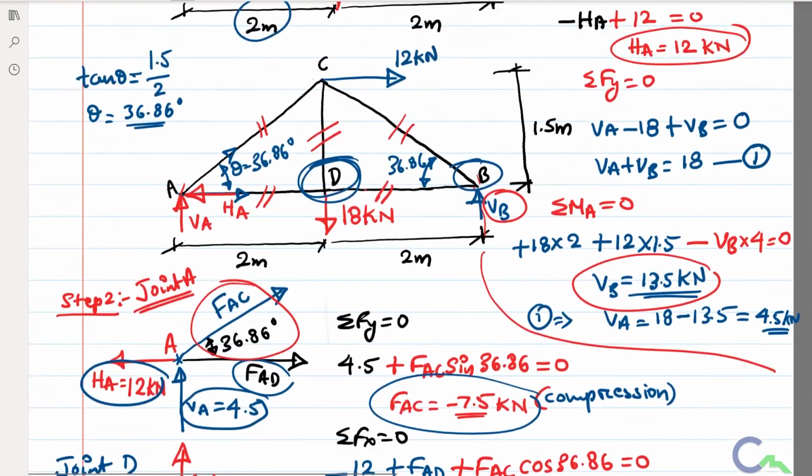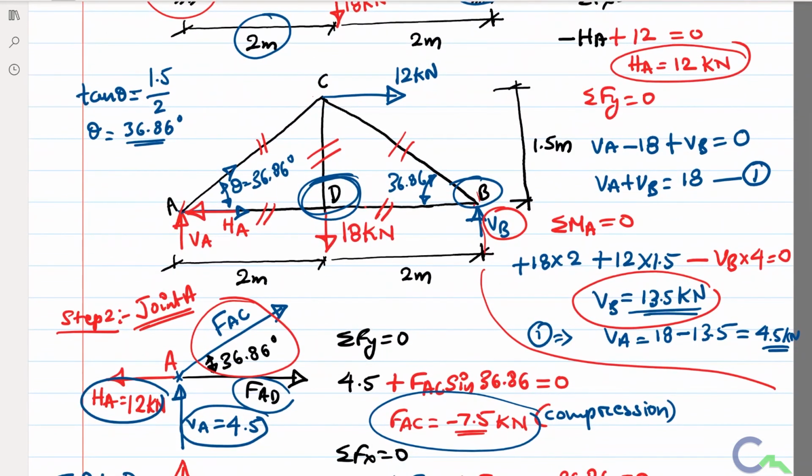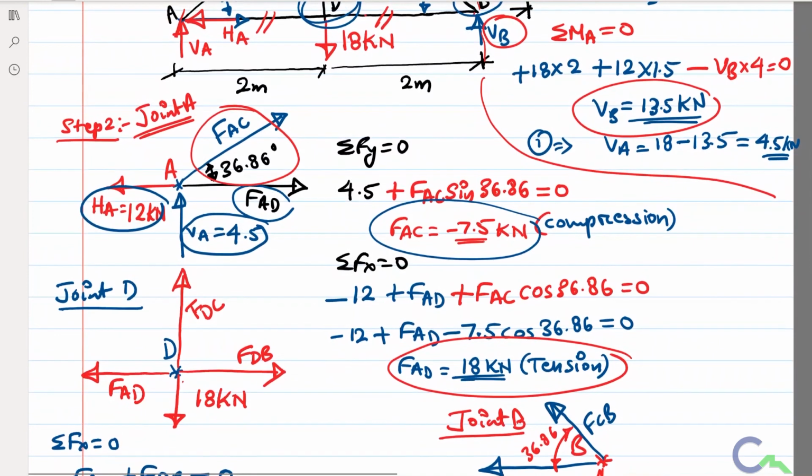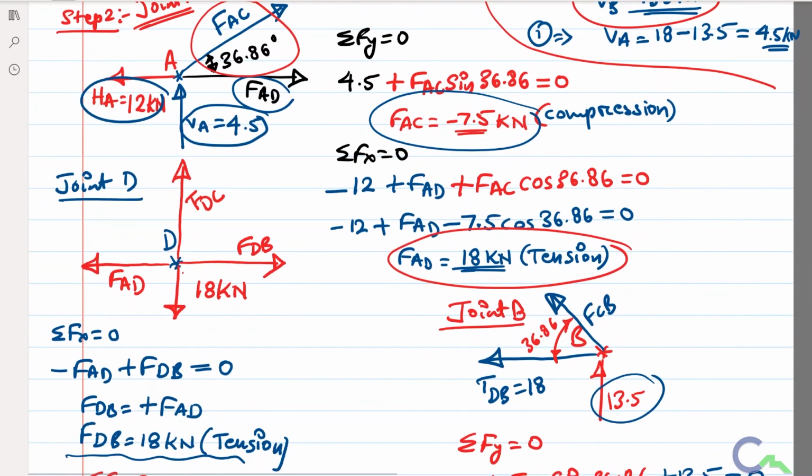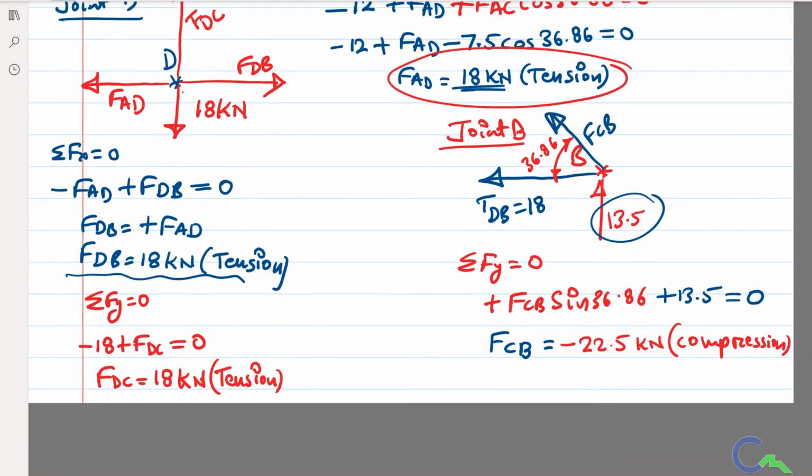So in this frame I calculated all the values. We got FAC as compression, minus 7.5, FAD as tension, that is 18. Then we got FDB as 18 kilonewton tension, then FDC as 18 kilonewton, that is also tension.